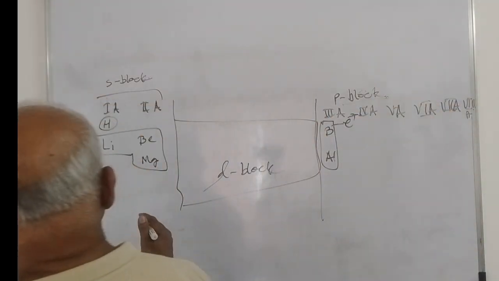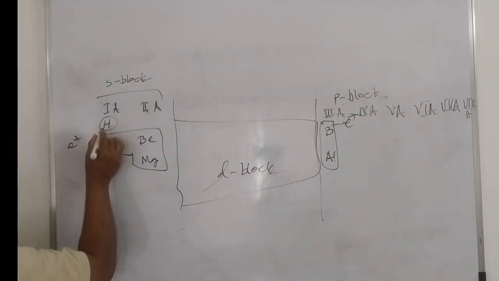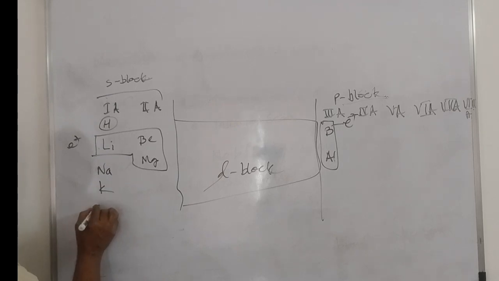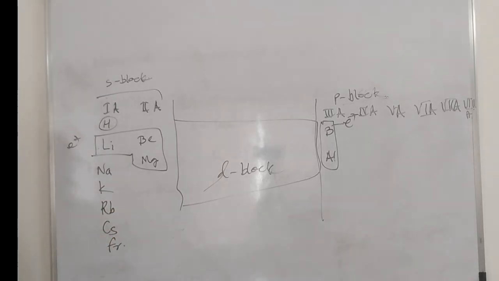Then if we go to the next elements of this first group, that is sodium, potassium, rubidium, cesium and francium.